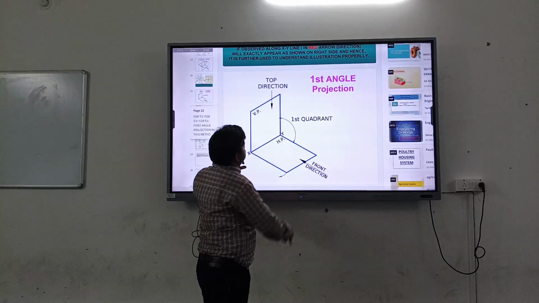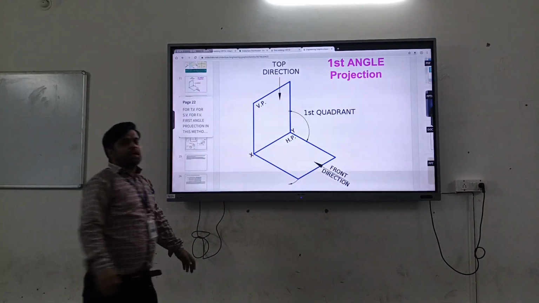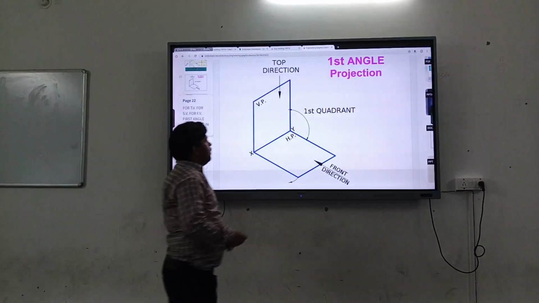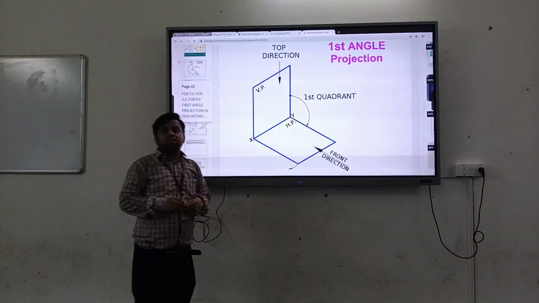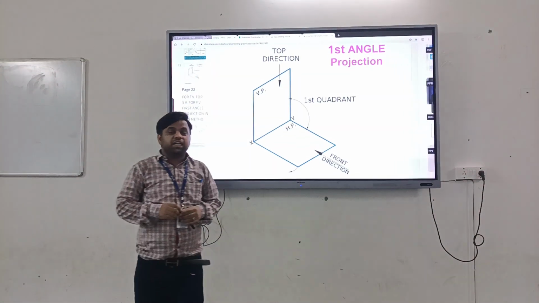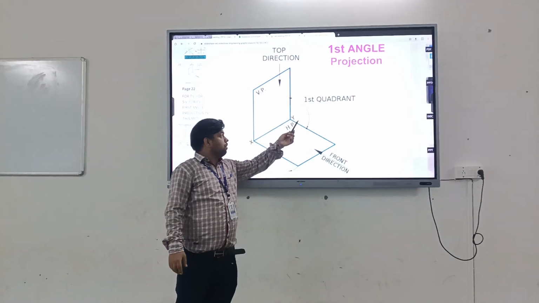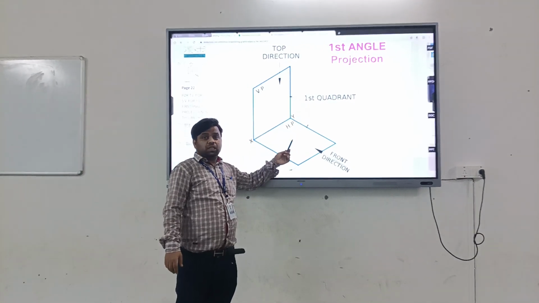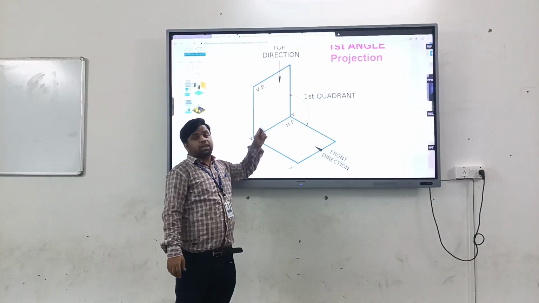Now we go to first angle projection. So first angle projection means what? The object will lie in the first quadrant. It means that the top view will be in the horizontal plane and the front view in the vertical plane.